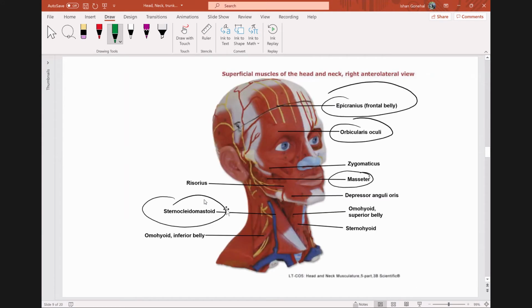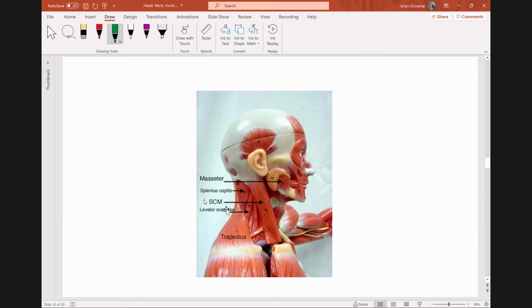Same thing here, not going to go over it. Same thing here, just a different model. Masseter, okay. SCM is nothing but sternocleidomastoid. Okay. Beneath the sternocleidomastoid, near the posterior portion of the neck, you have splenius capitis.